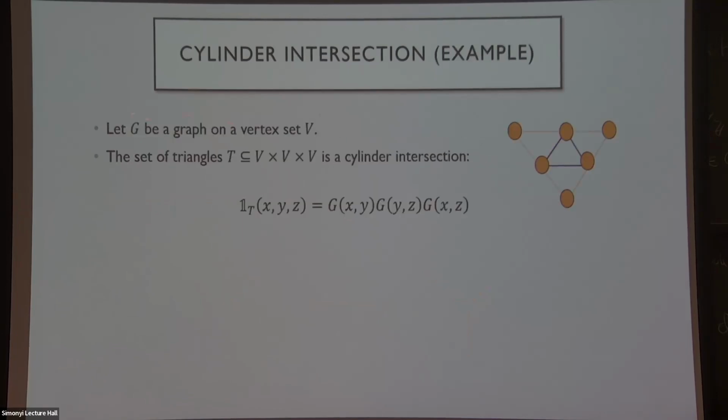Let me put in one example of what you can model with this notion. If you just have a graph, then the set of triangles in the graph, considered as a subset of tuples of the space V cubed, is a cylinder intersection.